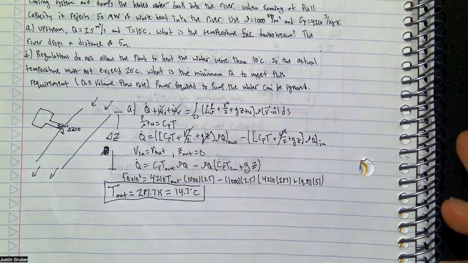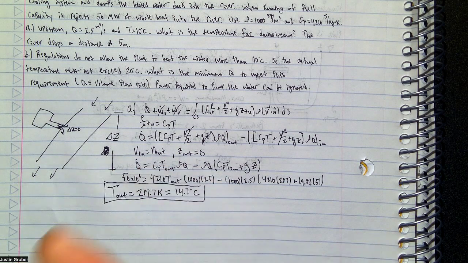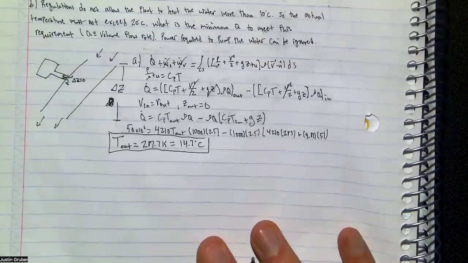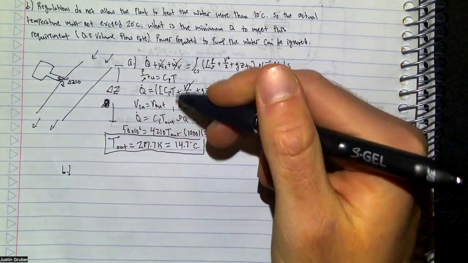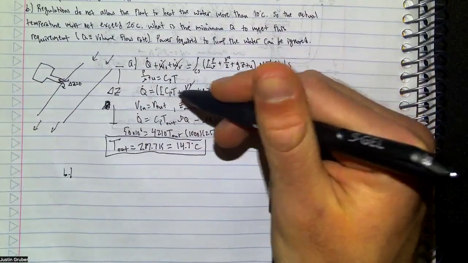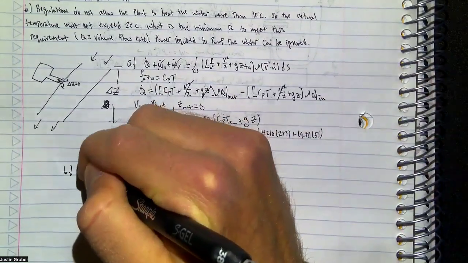We're using the same exact equation, but now solving for Q, because we know the delta T. We know the out is 20, and we know the in is 10. So for part B, I'm just going to rewrite this whole equation. It's the same exact equation.